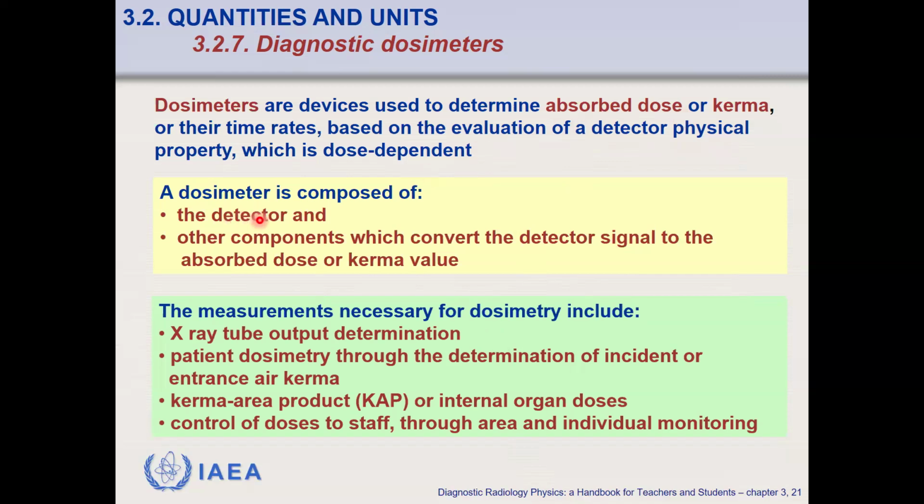The detector is the core part of the dosimeter, which interacts directly with the radiation. The detector measures a dose-dependent physical property, such as charge, light, temperature.